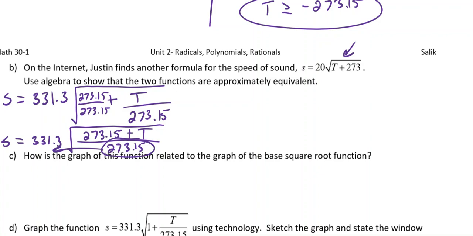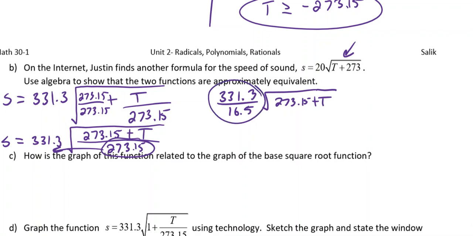Okay, so if we do that, that ends up being 331.3 over, and then the square root of 273.15 is 16.5. And then we're left with the square root of 273.15 plus t.